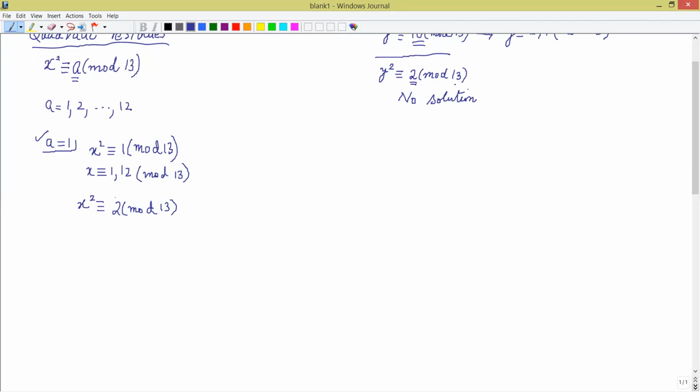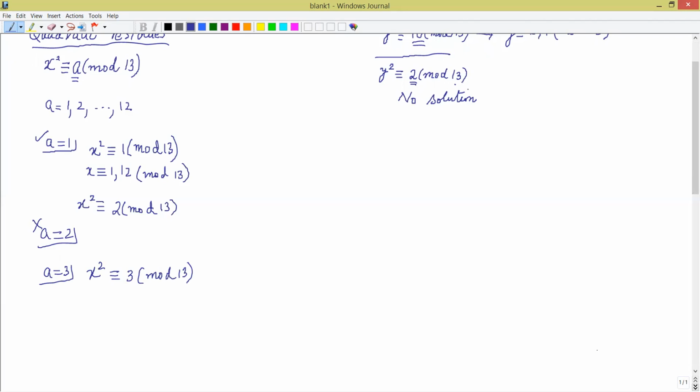Okay, so 2 is not a quadratic residue, so it is a non-quadratic residue. Similarly, if we take a equals 3, so x square is congruent to 3 modulo 13.